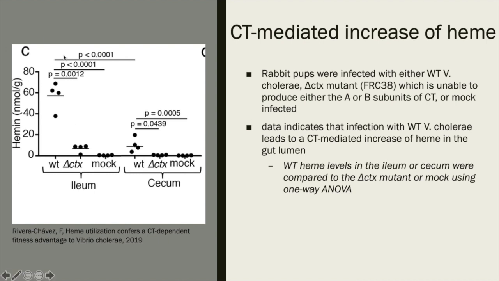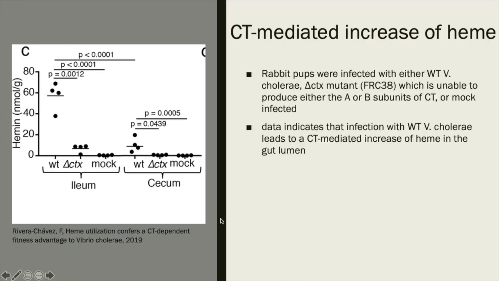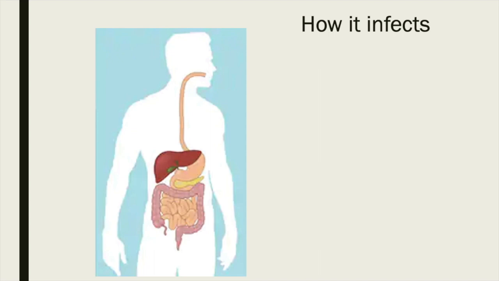You could see that there is more iron in the ileum than in the cecum. And having more iron can result in better Vibrio cholerae life. You can see that cholera toxin does, like I said before, enhance metabolism in Vibrio cholerae, according to this study.